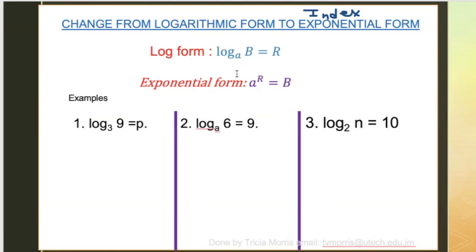If I'm going to write it in exponential form, this is the base, so my base is 3. The p becomes the power and it's equal to the number, which is 9. So that's how we change it from log to exponential.